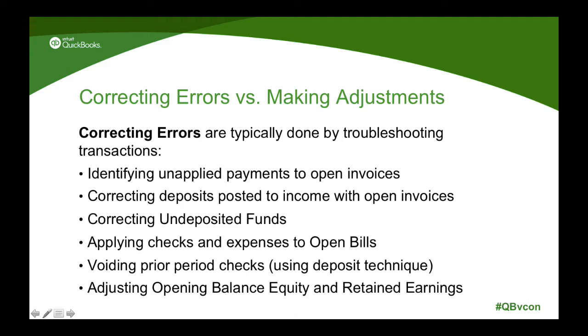And the most common things that we do when it comes to troubleshooting is we identify unapplied payments to open invoices, and we match those. If there are deposits posted to income, and we have an issue with undeposited funds, for example, very typical thing, we're going to adjust those deposits, move them to undeposited funds, and adjust those undeposited funds manually, invoice by invoice, applying checks or expenses to open bills to make sure that accounts payable is not overstated, avoiding prior period checks.